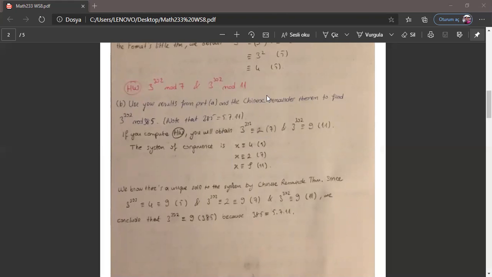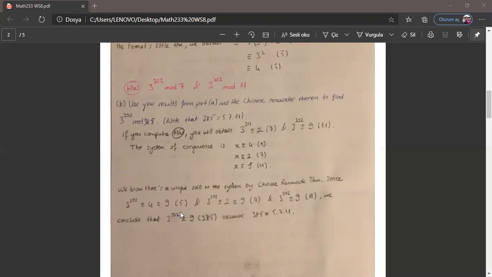We just apply the Chinese remainder theorem. It says there is a unique solution, and we have these congruences. Then we need to have this, because you know this can be written as this product. So the Chinese remainder theorem says this.